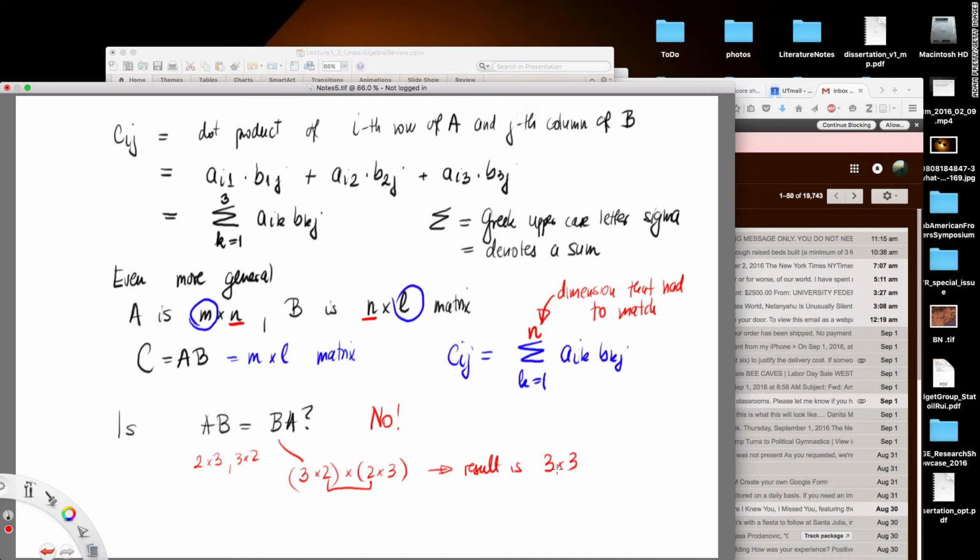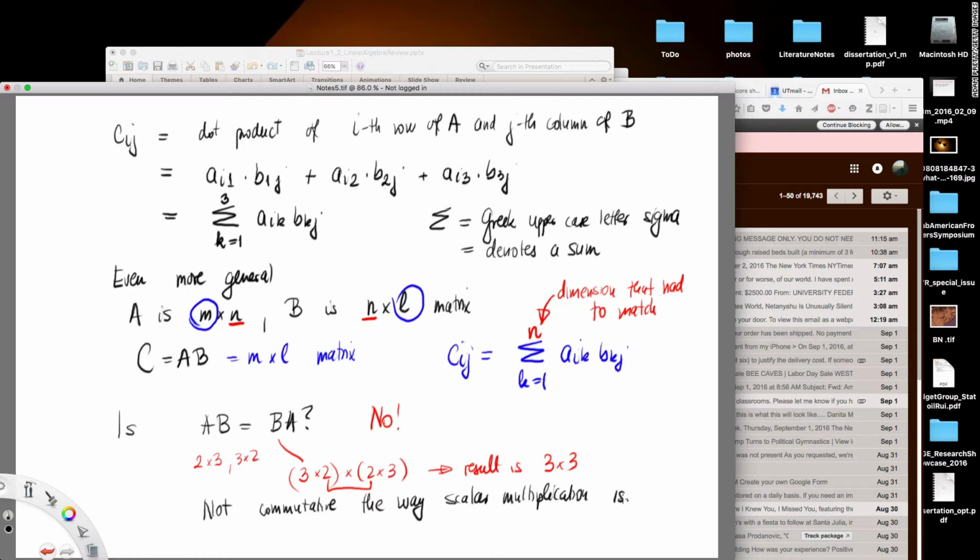This is called not commutative, the way scalars are, multiplication. All right, so this is the fun part with the matrices.